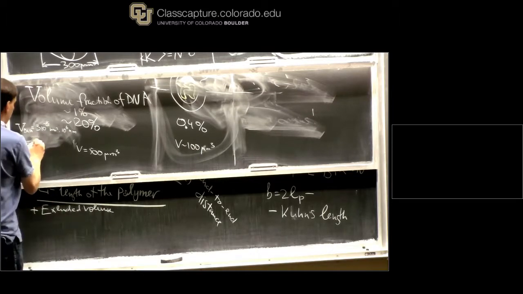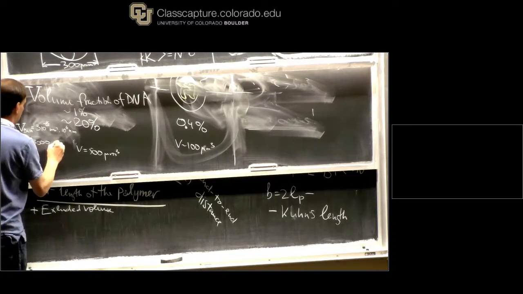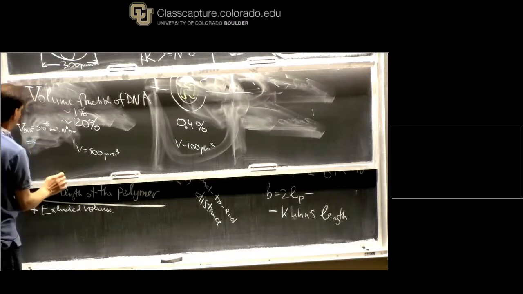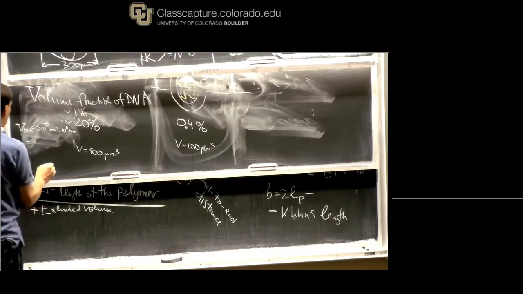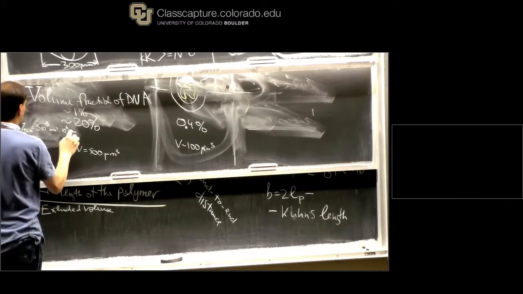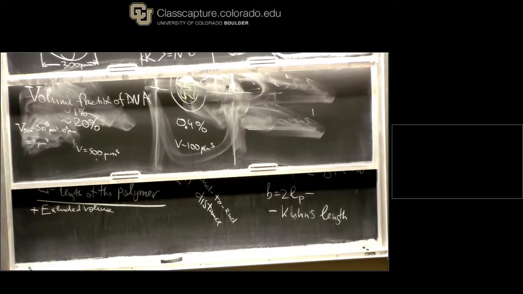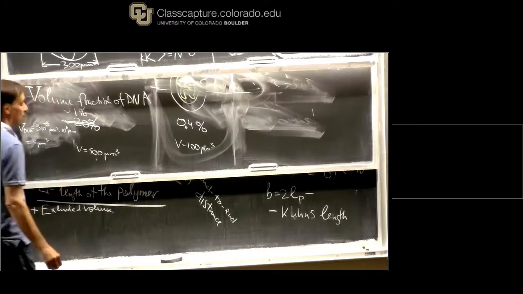So what do we get? Sorry, it's all microns, right? 3 micron cube, exactly. The total volume of the nucleus is like 500, so it's of the order of 1%, so that's not 20%.